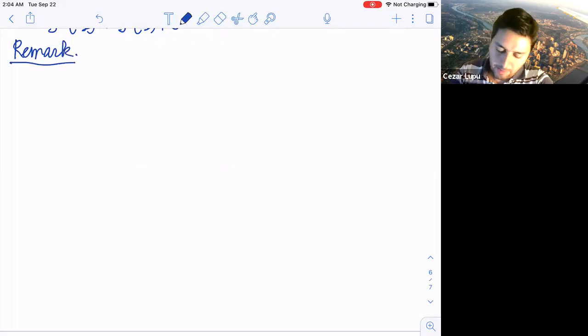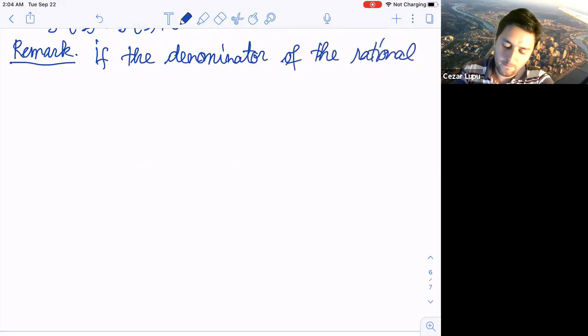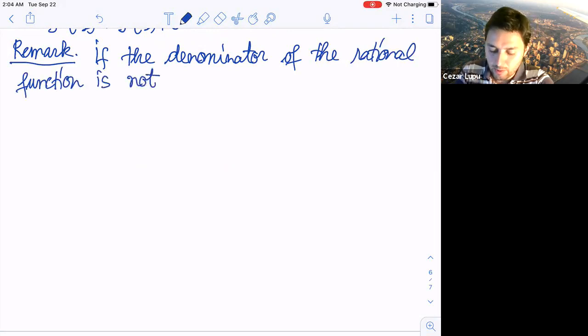Well, if the denominator of the rational function is not 0, and I want you to pay attention here because it's very important, right?